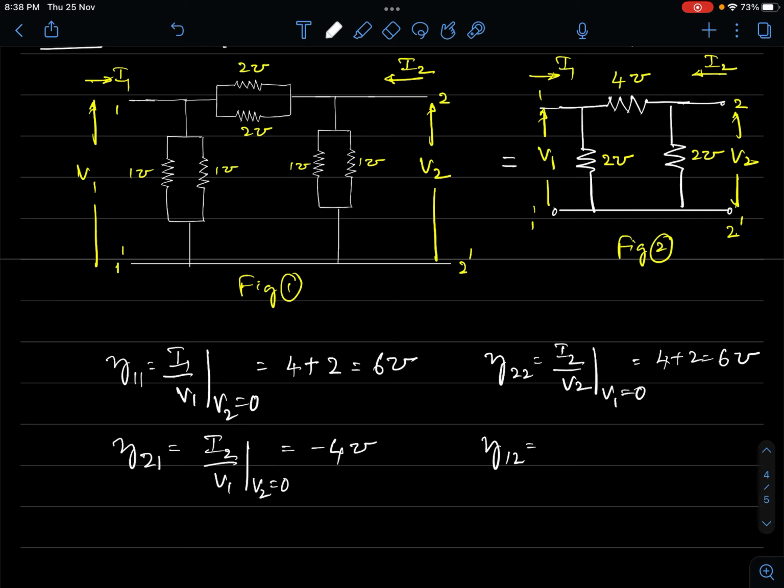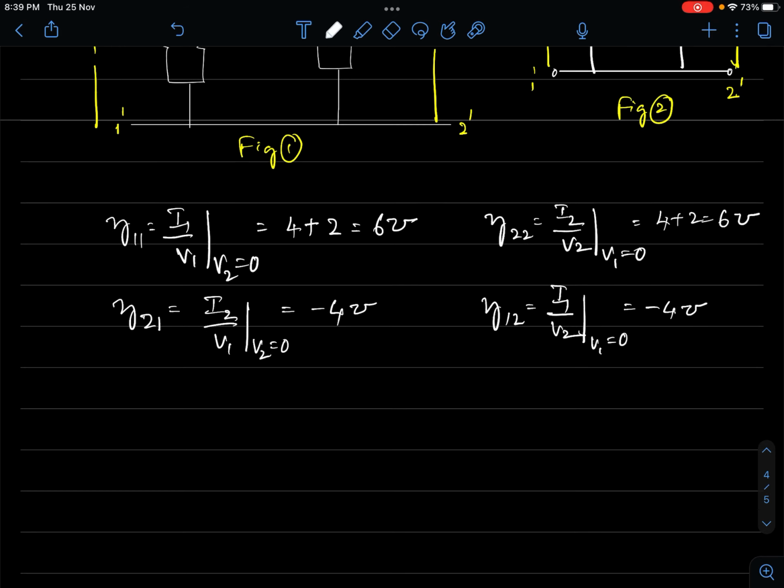And Y12 is I1 to V2 with V1 equal to 0. This is minus 4 mhos. So this is how the resultant values are. We did it by first principle.